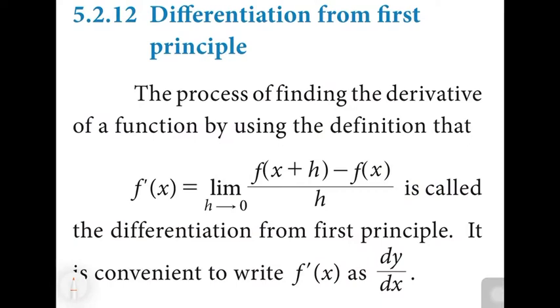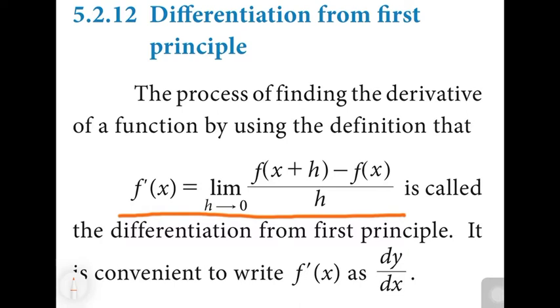Differentiation from first principle. The process of finding the derivative of a function by using the definition that f dash of x is equal to limit h tends to 0, f of x plus h minus f of x divided by h is called differentiation from first principle.